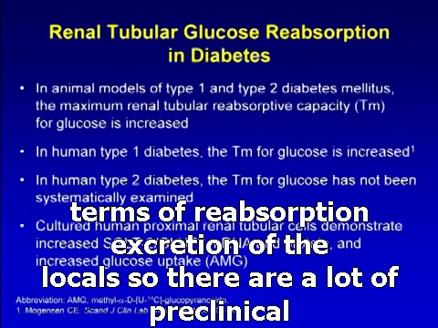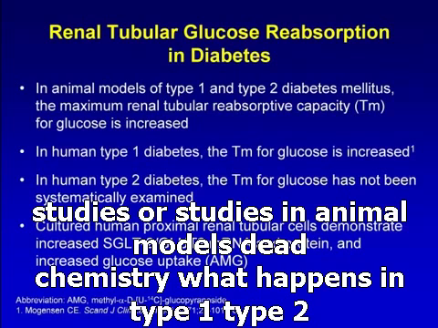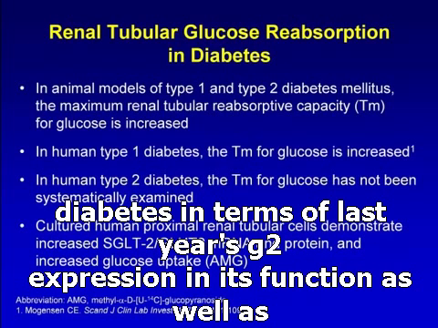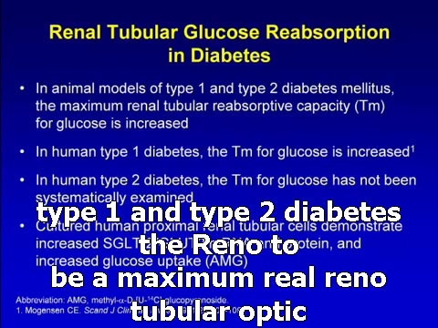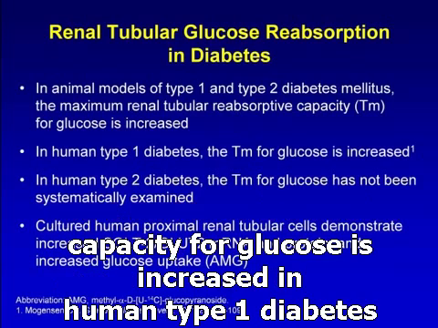There are a lot of preclinical studies, or studies in animal models, that demonstrate what happens in type 1 and type 2 diabetes in terms of SGLT2 expression and its function, as well as what happens when you block SGLT2 function. In animal models of type 1 and type 2 diabetes, the maximum renal tubular reabsorptive capacity for glucose is increased.